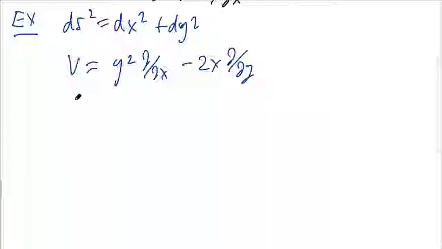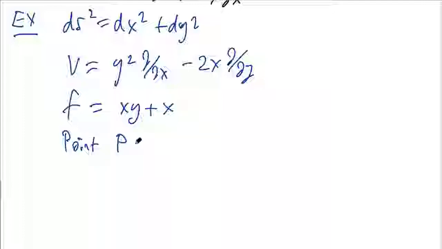And let's take the function to be xy plus x. And we'll consider this at the point P given by x, y equals 1, 2. So you'll notice what I've defined here is really a vector field. It's defined at each point in the space. But we'll just consider the vector that sits at the point 1, 2 and let it act on this function.